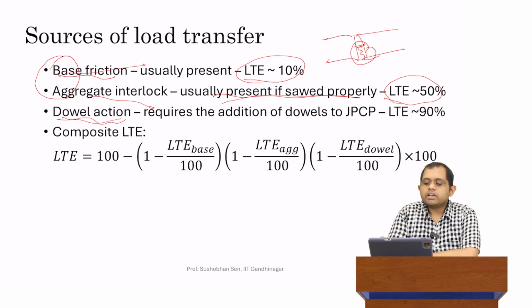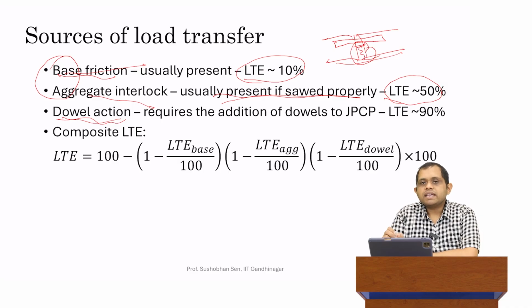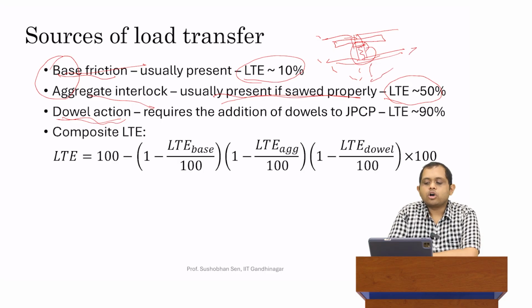So dowel action is when, in addition to having the base friction, in addition to having aggregate interlock, we actually put a steel bar, which is called a dowel. We physically put a steel bar inside the joint, and then when this approach slab starts to deflect, the steel bar also deflects, but then it starts pulling down the leaf slab along with it.